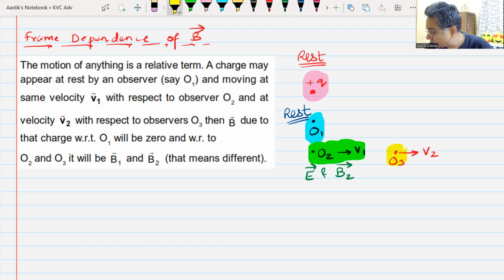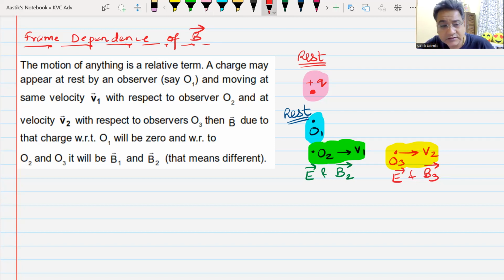Coming to observer 3. Observer 3 is moving with a different velocity. What will he see? He will see the same electrostatic field, but he will see a different magnetic field, because for him, this particle is moving with a different velocity in its frame of reference.